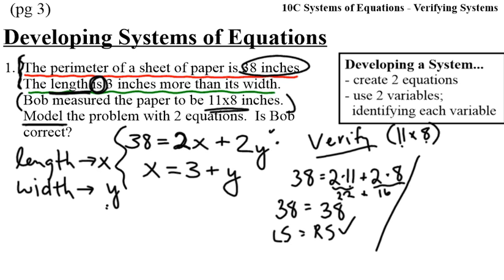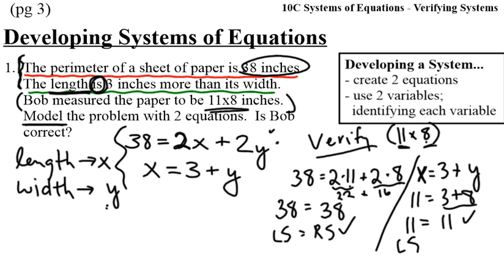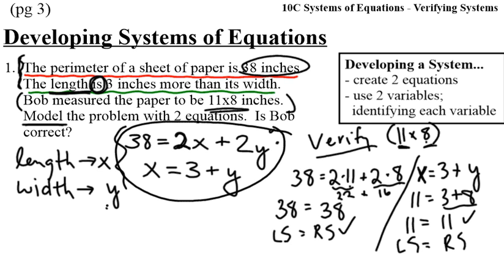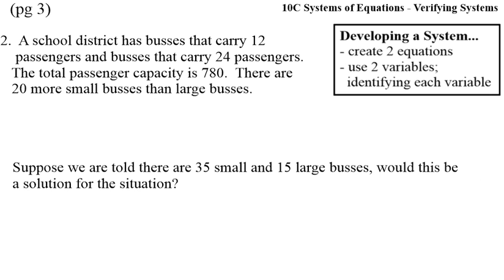Now we can verify the second, saying X is equal to 3 plus Y. X, our length, should be 3 plus Y. 11 equals 11. So again, left side equals right side. There's the system, and Bob has the correct answer of 11 by 8. But creating the system and being able to verify.